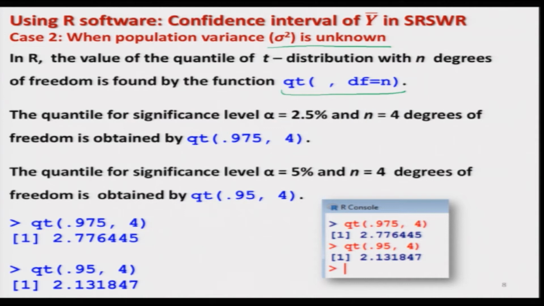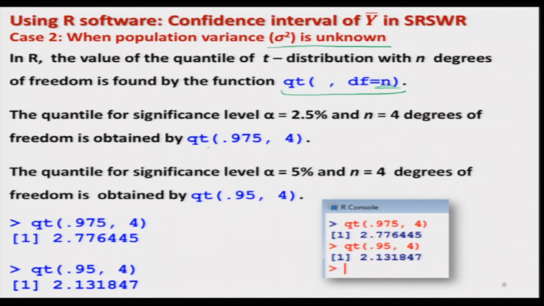Remember that in the confidence interval the degrees of freedom is n minus 1, and here we have to give the exact degrees of freedom. So, either you write it in terms of sample size as n minus 1, or you give directly the value of n minus 1.